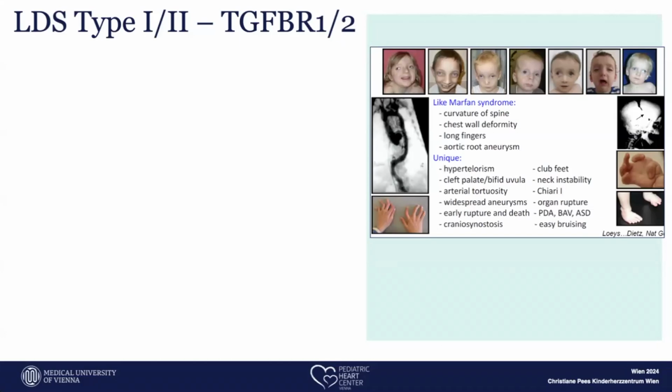We have Marfan-like symptoms in Loeys-Dietz patients, with scoliosis, chest wall deformities and long fingers, as well as the aortic root aneurysm. But we have as well the hypertelorism I just talked about and the tortuosity of nearly the whole arterial tree. And we have much earlier problems with the aorta, earlier rupture and earlier death in Loeys-Dietz patients.